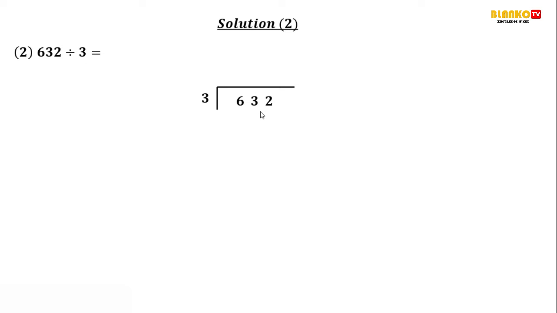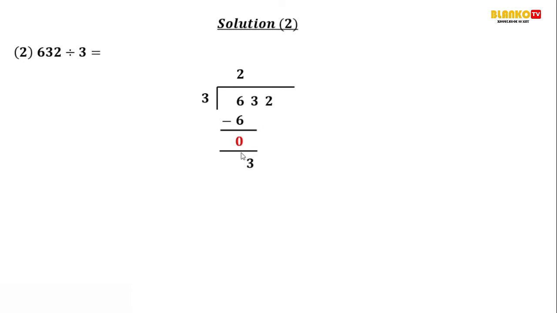Let's take the first one, which is 6. So 3 goes into 6 2 times. When we multiply 3 by 2, we are going to get 6. When we subtract 6 from 6, we'll get 0. Let's take the next one, which is 3.